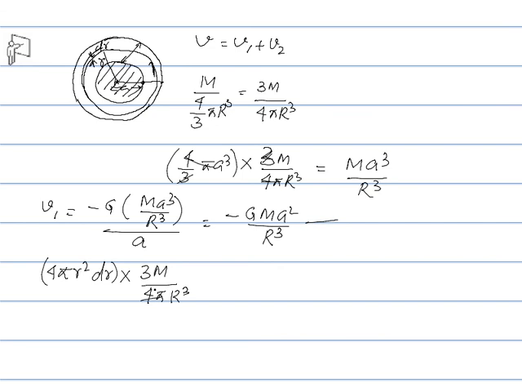So this becomes equal to 3m r square dr by r cube. This is the mass of the shell.